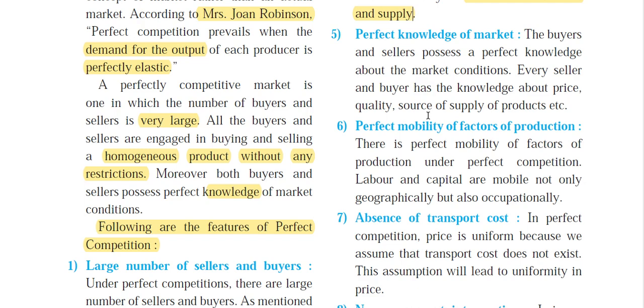Because now everybody knows this, you can get good quality products at a cheaper price, and sometimes even if the product price is 1000 rupees, it is as good as a 100 rupees product, just with a brand name. So the knowledge should be equally possessed, that is, there should be sufficient knowledge between the buyers and sellers about the price, quality, source and supply of products.